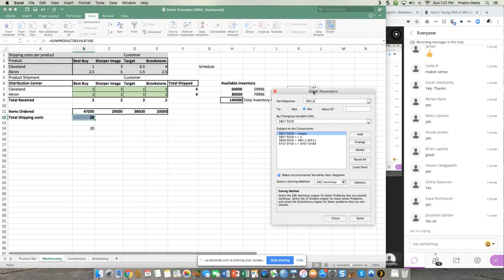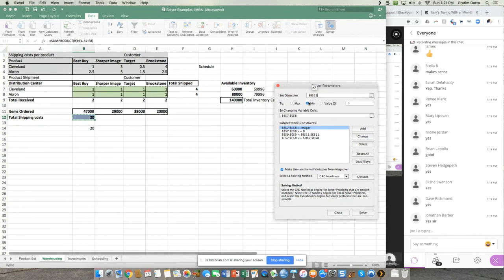So let's look at this. What's our objective? Our objective is B12. B12 is nothing but your total costs. We want to minimize our total cost of shipping by changing how many pieces we want to ship from each warehouse to each client.